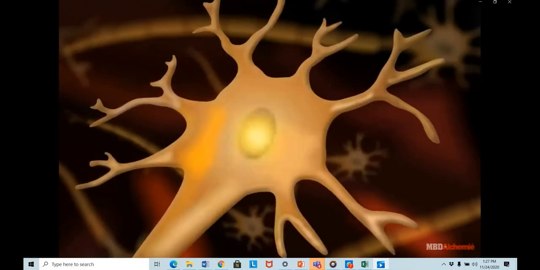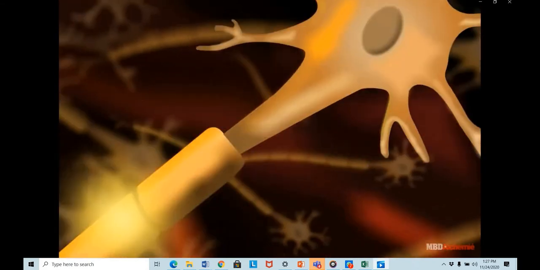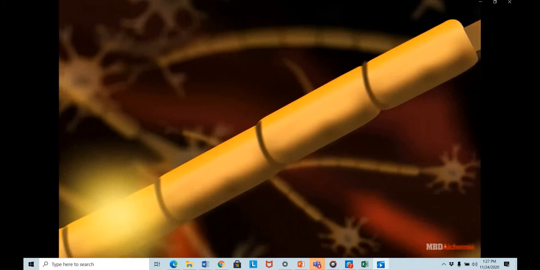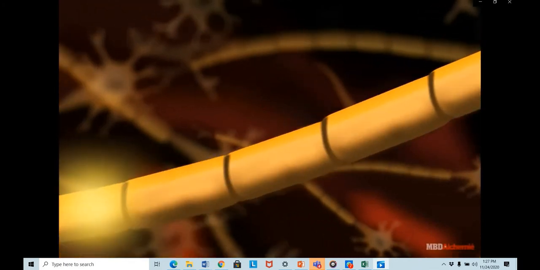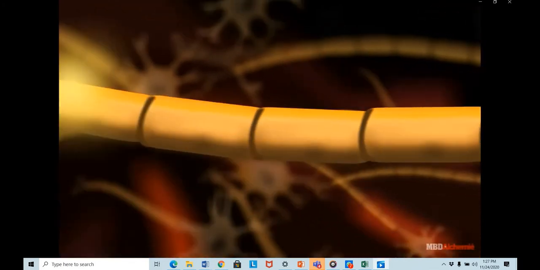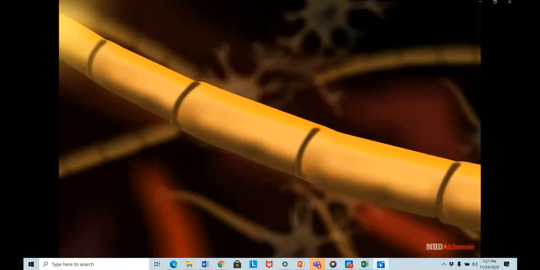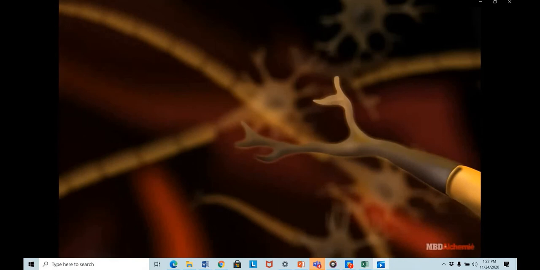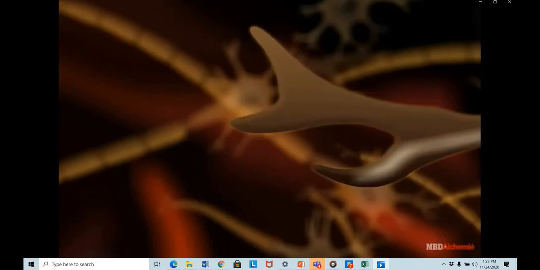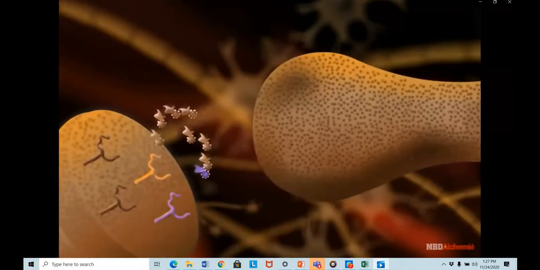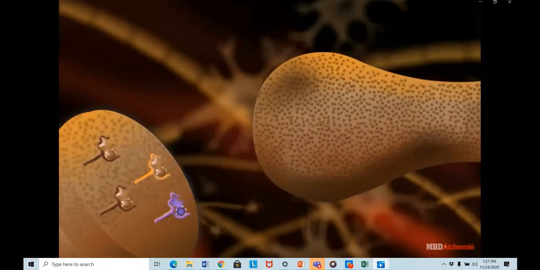Let's understand how nerve impulse travels in the body. Stimuli acquired at the end of the dendritic tip of a nerve cell sets off a chemical reaction that creates an electrical impulse. This impulse travels from the dendrite to the cell body and then along the axon to its end. At the end of the axon, the electrical impulse sets off the release of some chemicals.